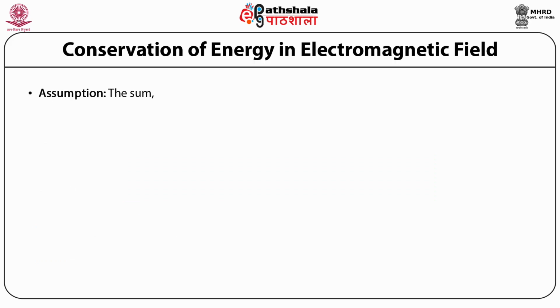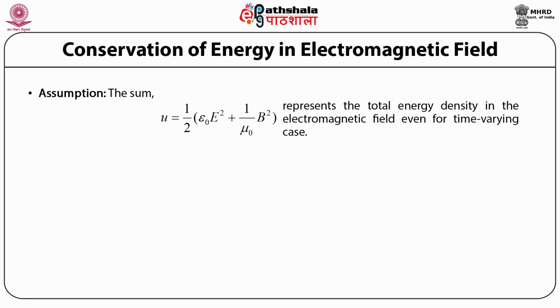The sum of these two quantities, that is 1 upon 2 whole times bracket open epsilon naught times the square of the electric field plus 1 by mu naught times the square of the magnetic field induction vector B bracket close, represents the total energy density in the electromagnetic field even for the time varying case.